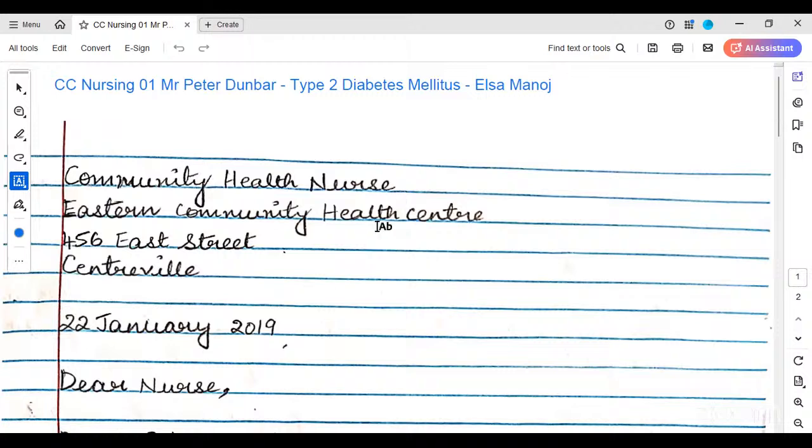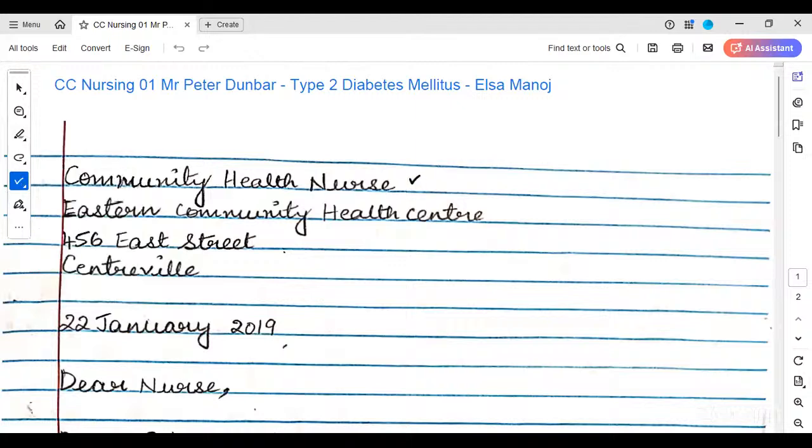Here you have the case notes of Peter Dunbar. Now the first thing is you have to see the address.